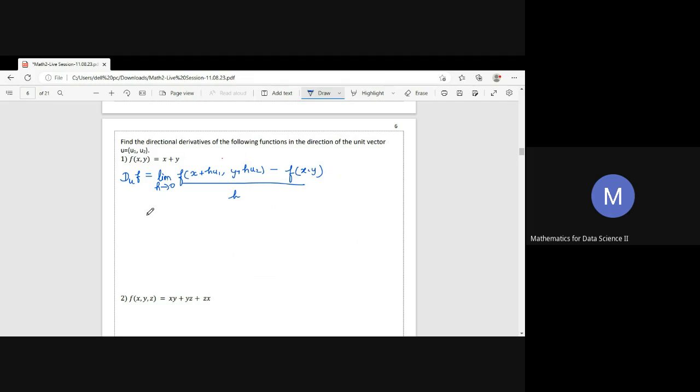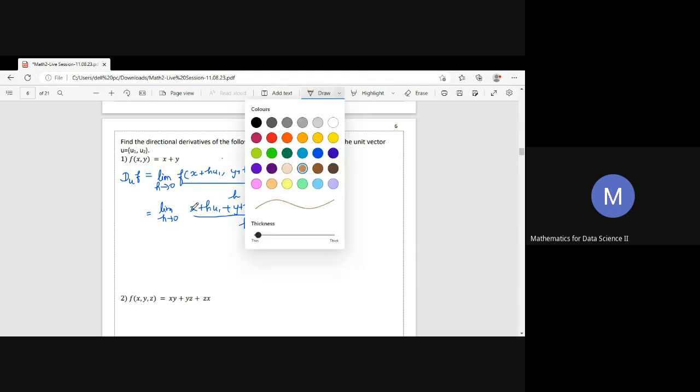Now let us apply this function's values here. So limit as h goes to 0. f of (x, y) is x plus y. So for this term, it will be x plus hu1 plus y plus hu2 minus x minus y, right? And the whole divided by h. Now you see that these terms will get cancelled.